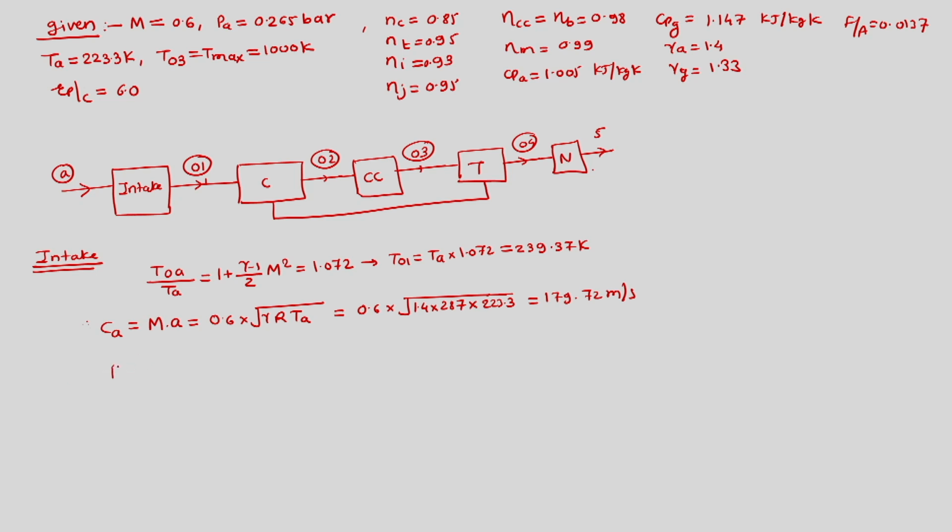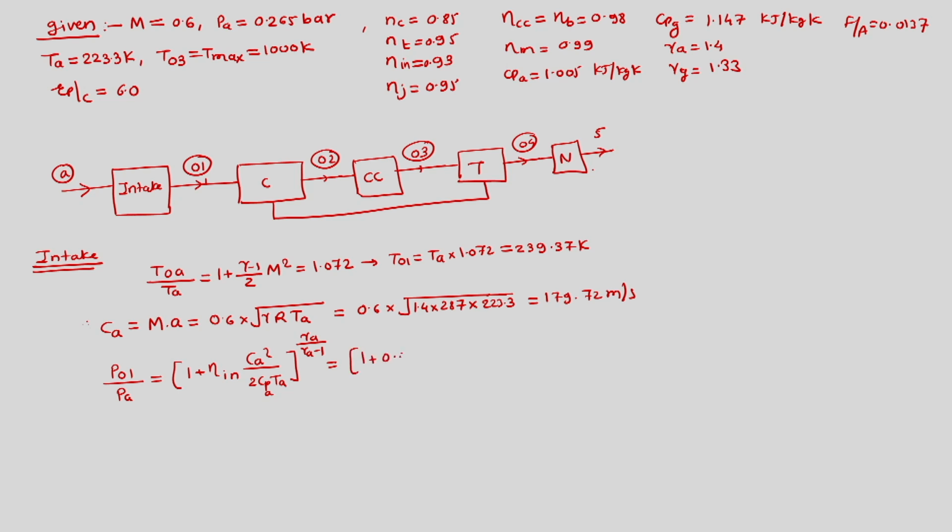Now let us find out what is the pressure at the outlet of the intake. So we know this is the pressure ratio across which the intake is working, but it is a non-ideal intake. It has a certain efficiency. So using that efficiency we can calculate the pressure rise or total pressure at the outlet of the intake, that is P01 upon Pa is equal to 1 plus intake efficiency, which is 0.93, into Ca square divided by twice Cp Ta, that is for air.